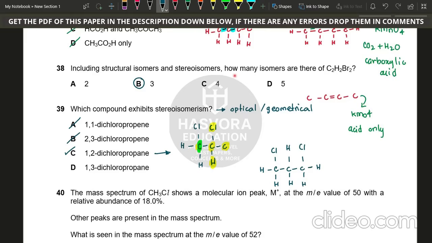So you can see that none of the carbons has four different groups. This one has two hydrogens, and this also has two hydrogens, and this one also has two hydrogens. So this means D is also not your answer, so C will be your correct answer.